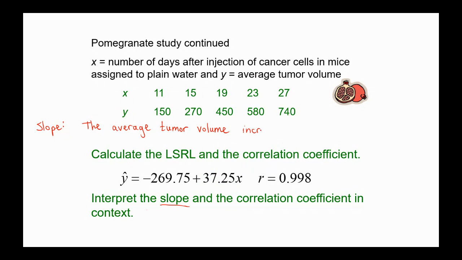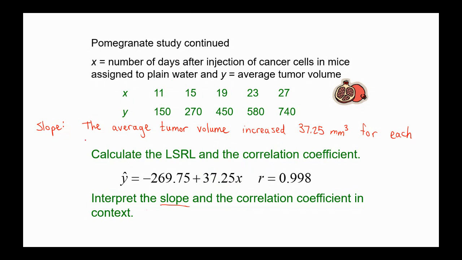How much? 37.25 millimeters cubed for each. That's part of our template. For each. And then we have our x variable.